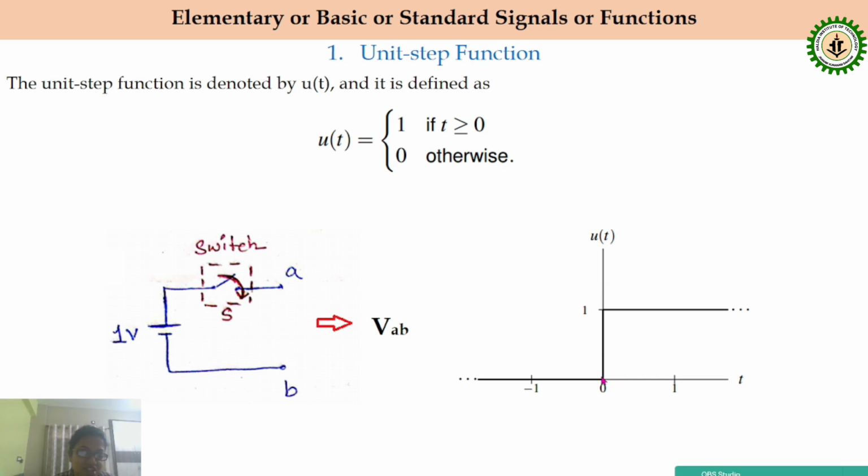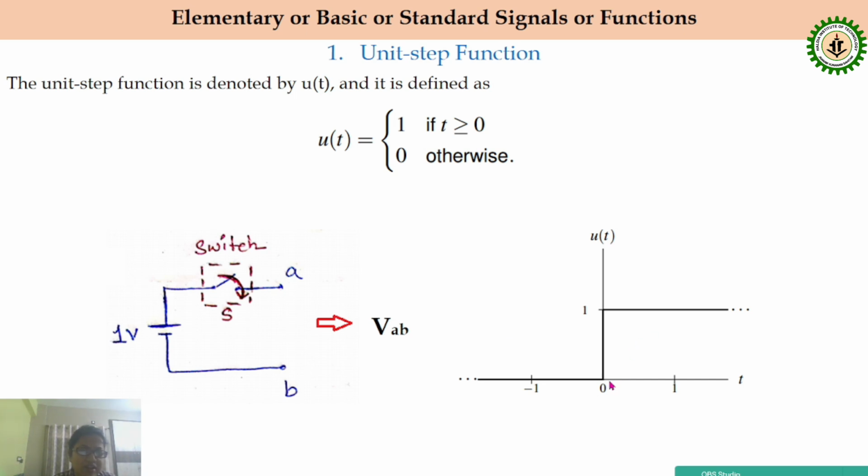This change from 0 to 1 ideally takes 0 time, but when we try to generate it physically it's not possible because we are not so quick.